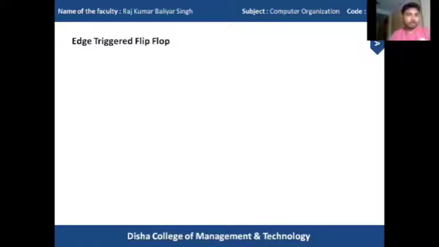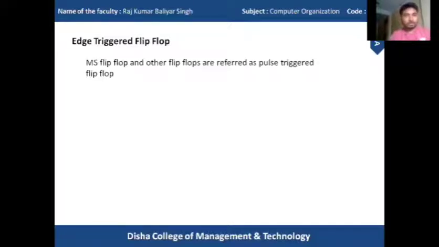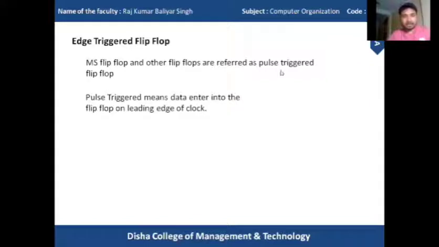We can create SR edge trigger, D edge trigger, JK edge trigger, and T edge trigger flip-flops. The master slave JK flip-flop can be considered an edge trigger flip-flop.